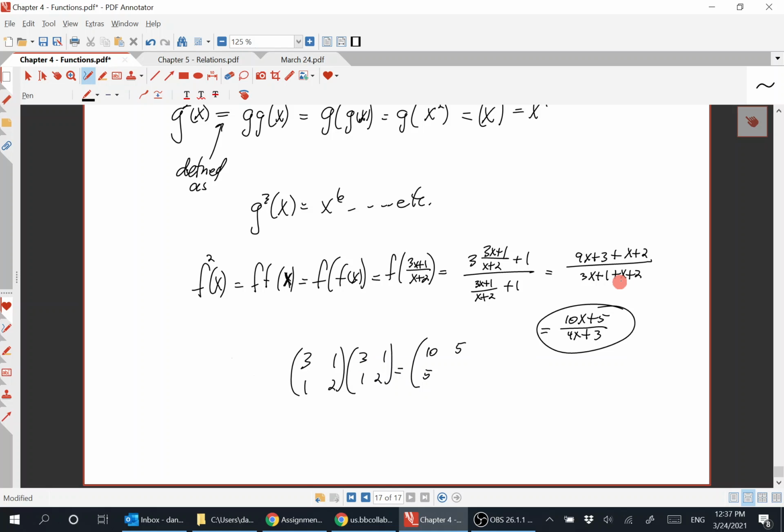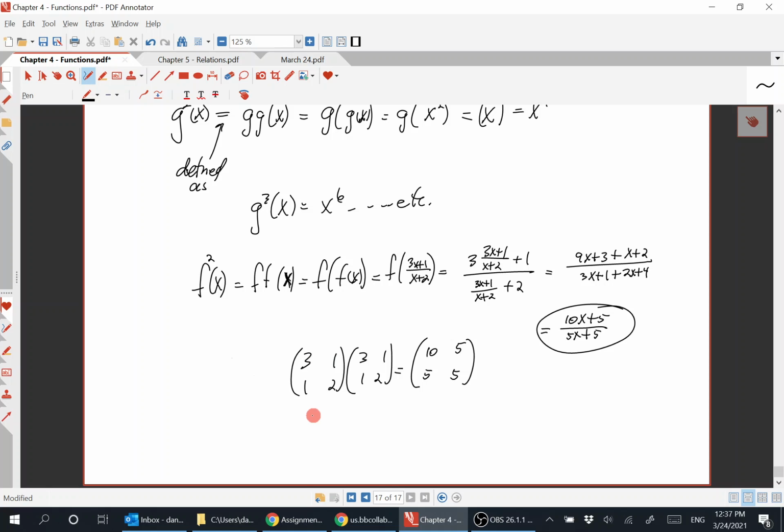Did I make a mistake here? Oh, that's a 2. That's 2x plus 2, so 5x plus 3, no, that's a 4, plus 5. There we go. And then in the last row, last column, 1 plus 4 is 5. All right, so this 3x plus 1 over x plus 2 corresponds to the matrix 3, 1, 1, 2.